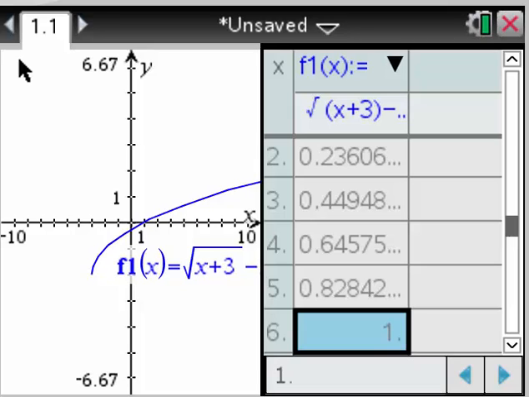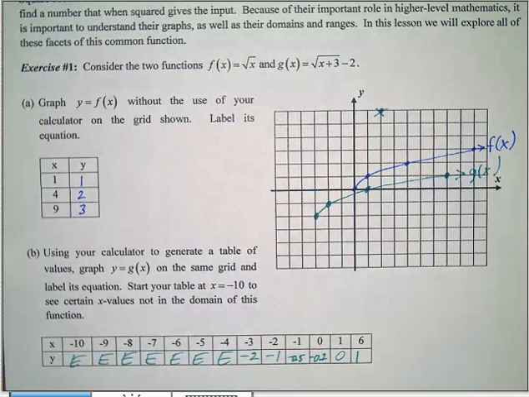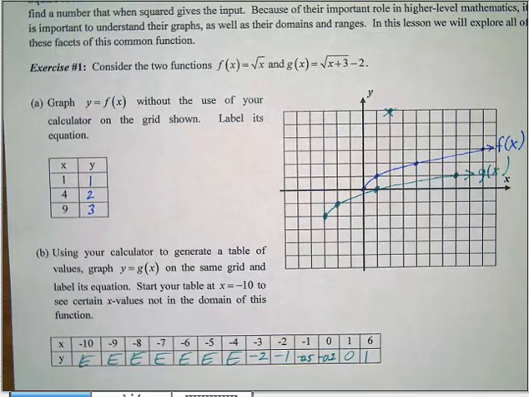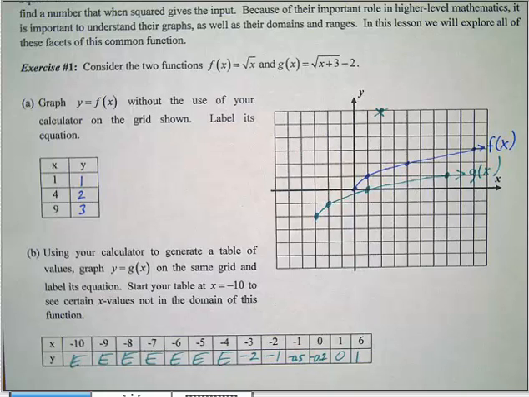So, pause the video and please graph this g of x function. So you can see on this graph that I have the f of x function in blue and the g of x function in green. Now remember, we've talked about this before, the transformations that took place.